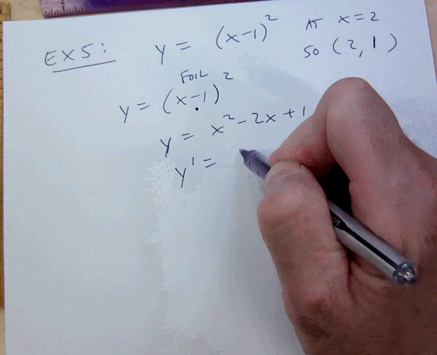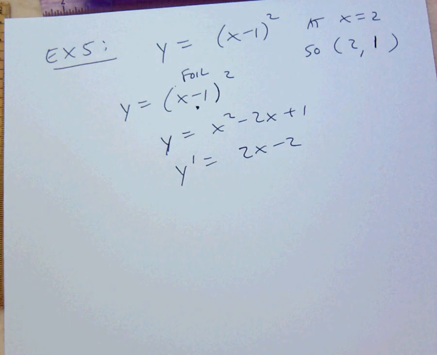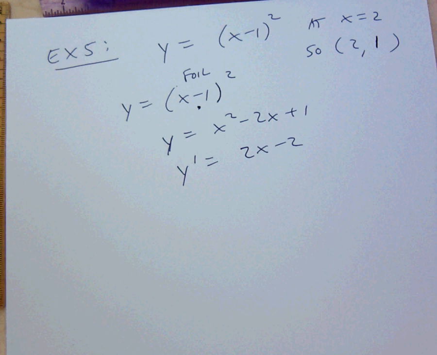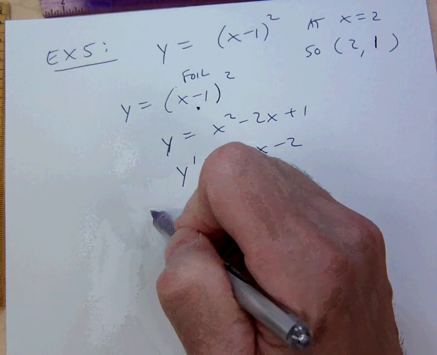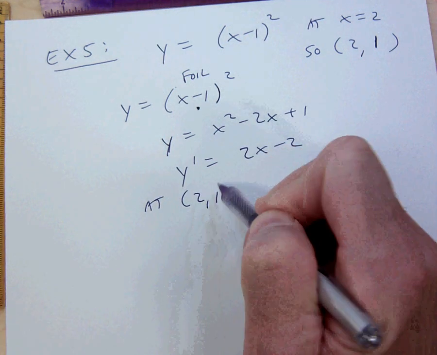Everybody agree the derivative is what? 2x minus 2, is that right? Okay. But now I want to find the what? The equation of the tangent line. So at the point 2 comma 1, what's the slope?